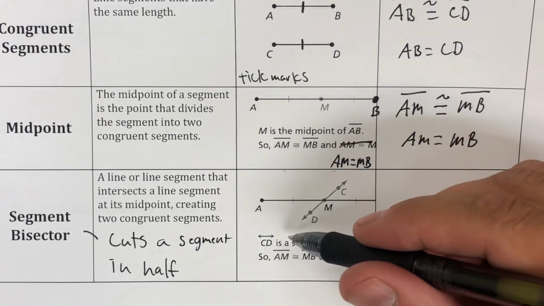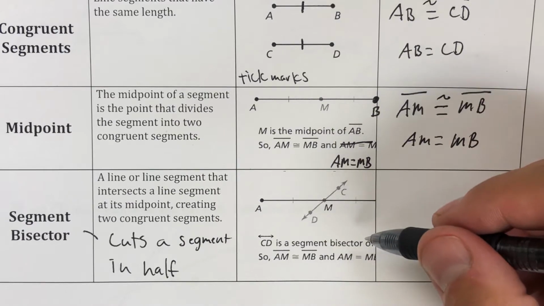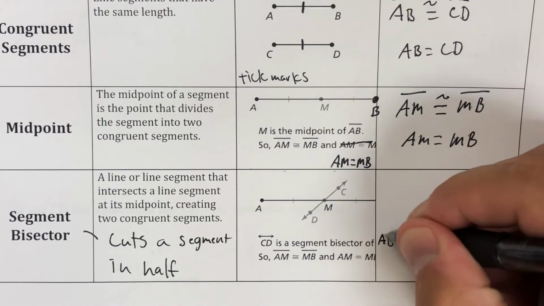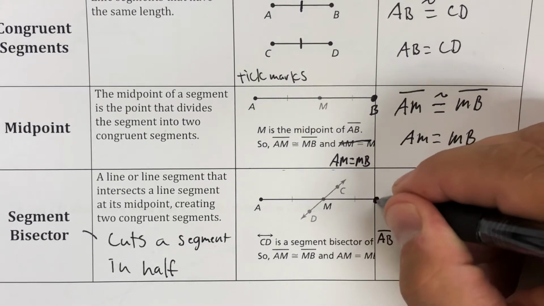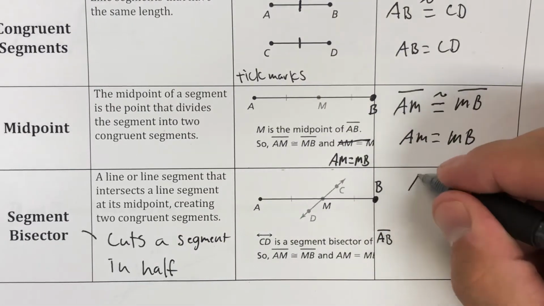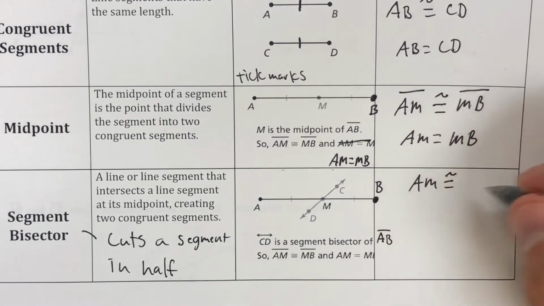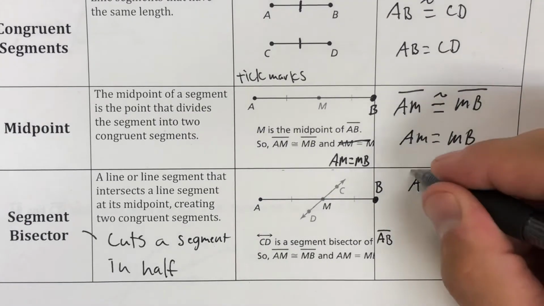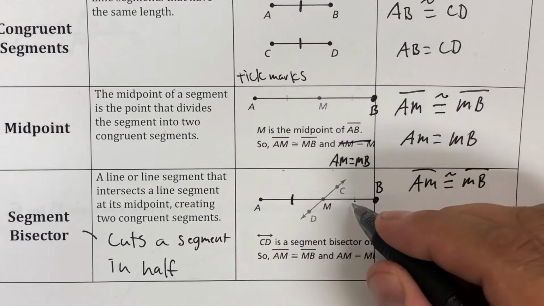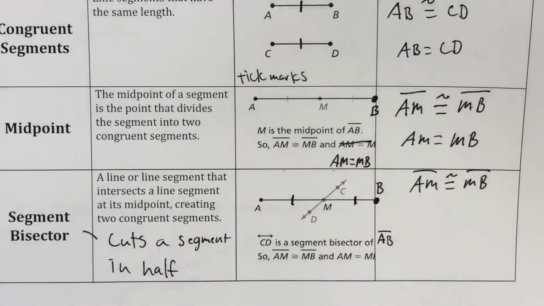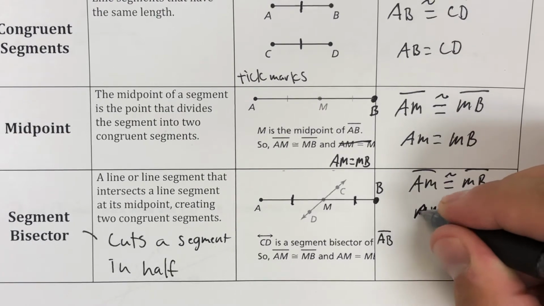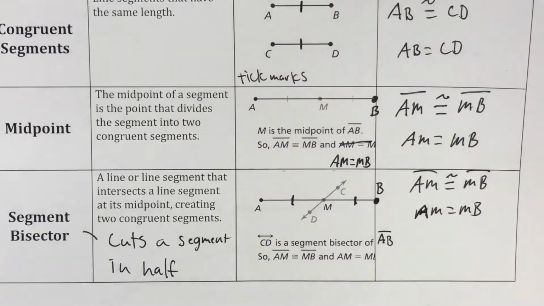It says CD is the segment bisector of AB, so I need to add point B here again. A to B. And named, AM is congruent to MB. Notice the tick marks show that AM is the same length as MB. And I could also say that AM is equal to MB.